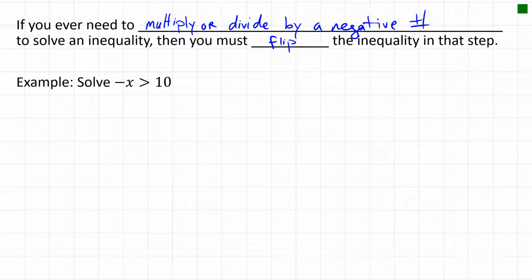If we were to have this inequality, negative x is greater than 10, well, we need to isolate the x. So in order to do that, we divide each side by -1. Or you could also multiply each side by -1. Either way, that would remove the negative from the left-hand side and move it over to the right-hand side. But when we do that, we must flip the inequality. So negative x is greater than 10 becomes x is less than -10.